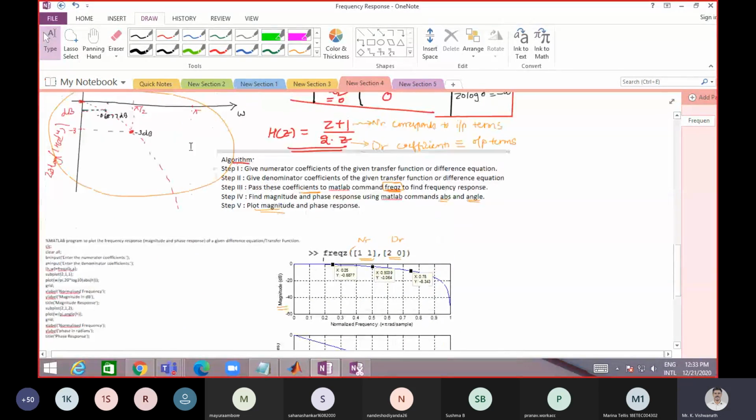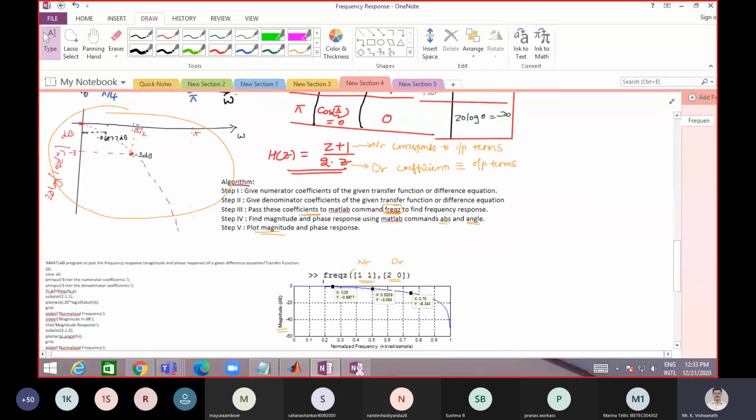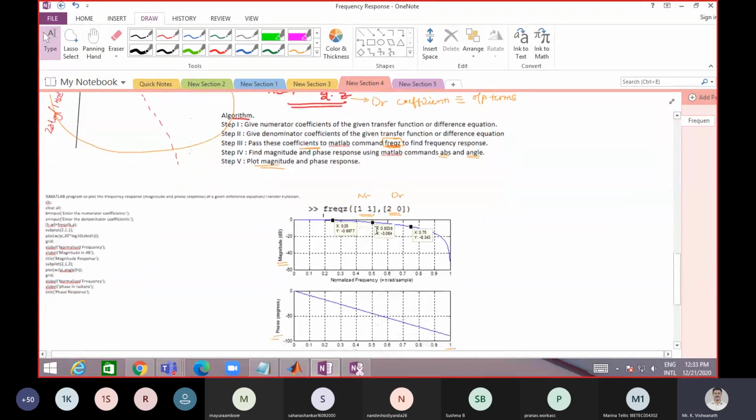But at pi by 4, the amplitude should have been minus 0.6877 dB. Now, on this particular graph, you go to the 0.25 position and you can see it is minus 0.6877 dB.